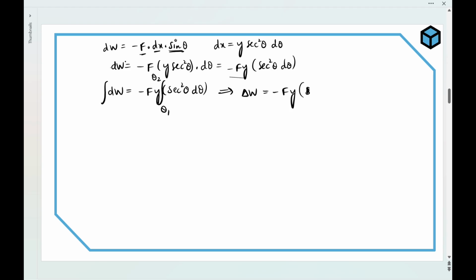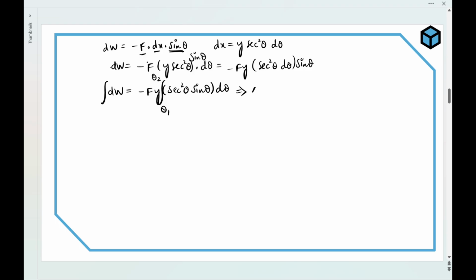F into dx into sin theta was there, so there is a sin theta over here. Don't miss this sin theta. Let me erase this part. So it's secant square theta into sin theta into d theta.